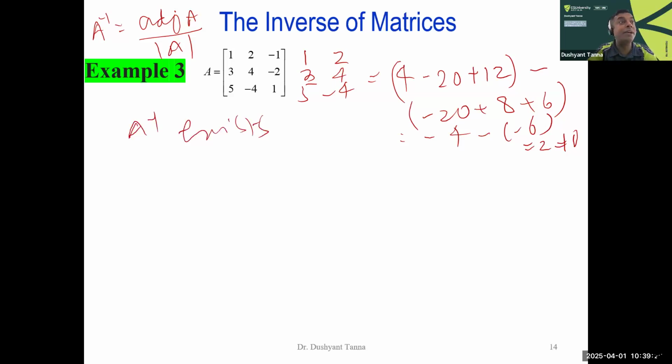Once we find out that inverse exists, the next step is to find the cofactors. How do you find the cofactors?